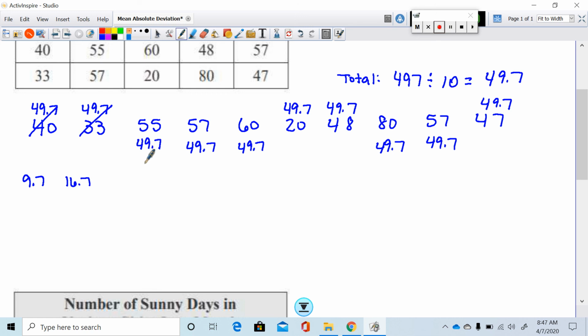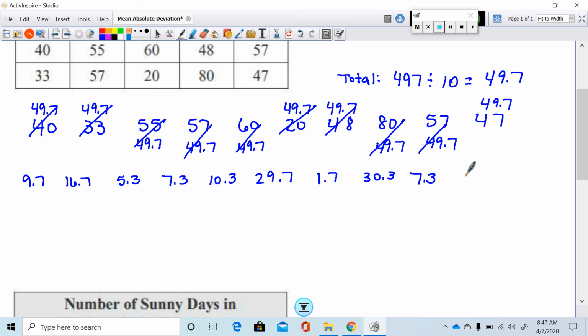Notice I'm making a new list with the differences. 5.3. 7.3. 10.3. 29.7. 1.7, 30.3, 7.3, and 2.7. Should have 10.